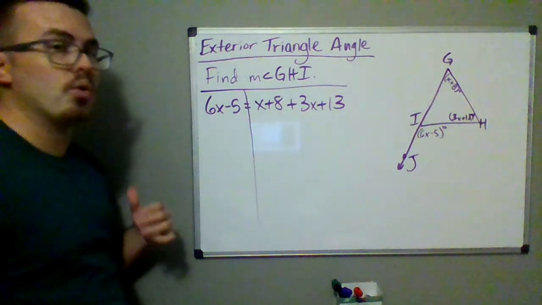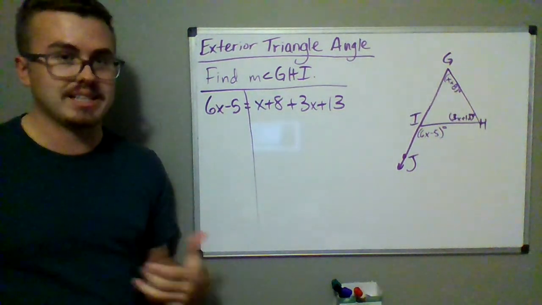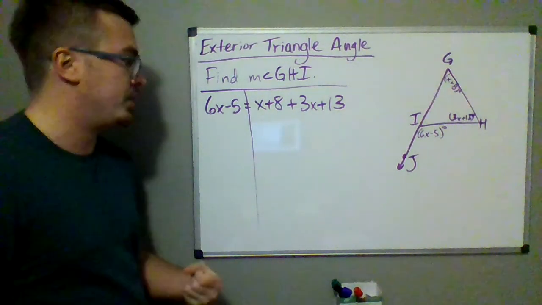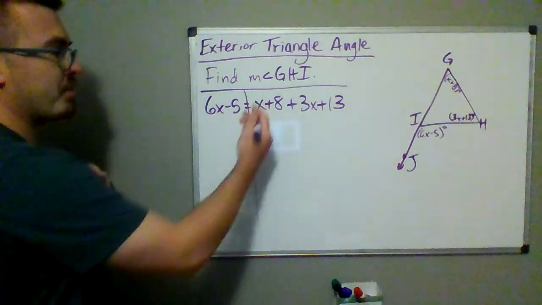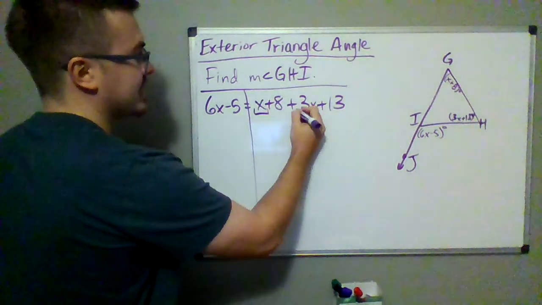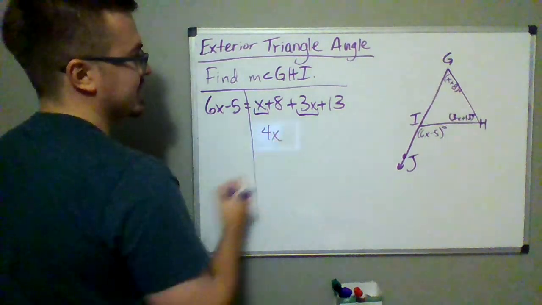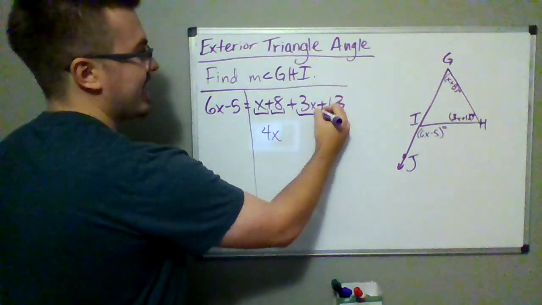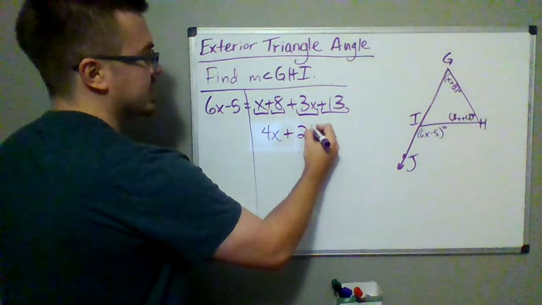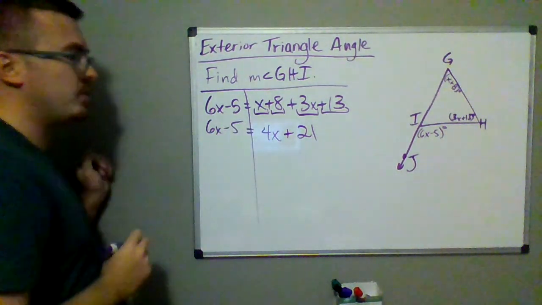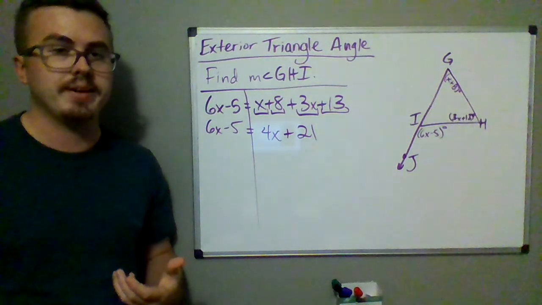Now, this is a little bit more complicated than the last one because we've got x's on both sides. But our next step is still the same: combine like terms. Can't do anything to the left, but on the right side, we can combine x and 3x to give us 4x, and we can combine 8 and 13 to give us 21. So we've got 6x minus 5 is equal to 4x plus 21.